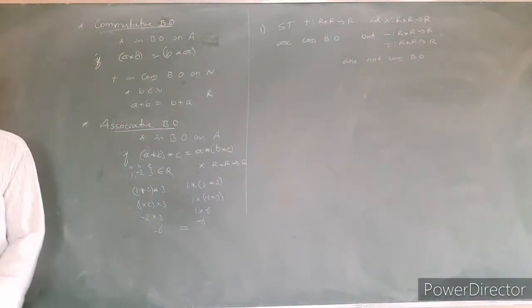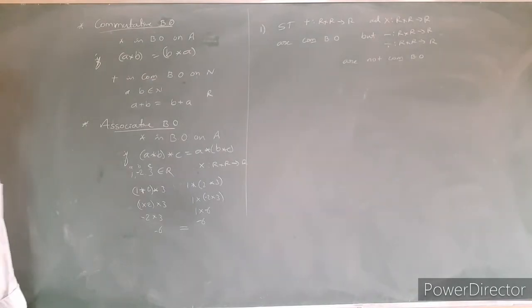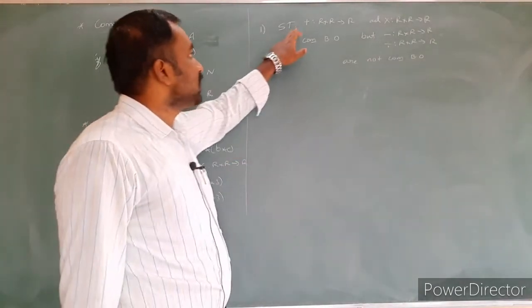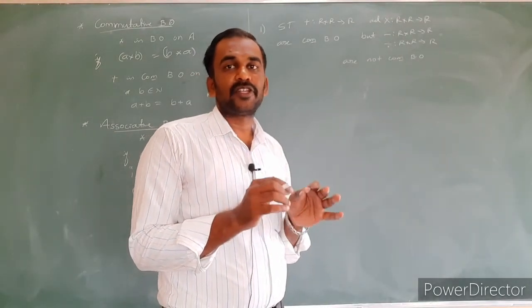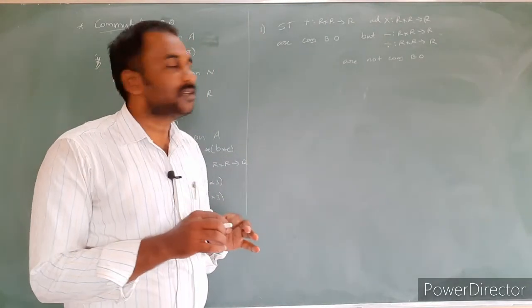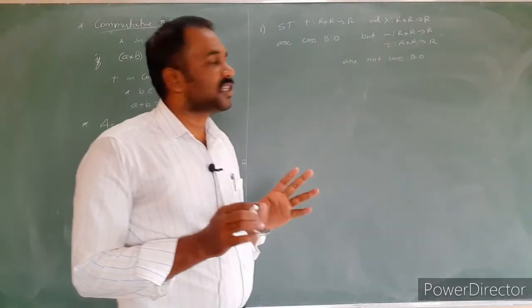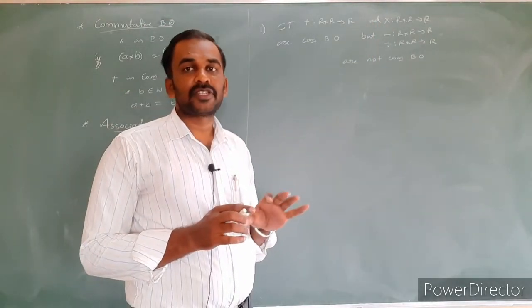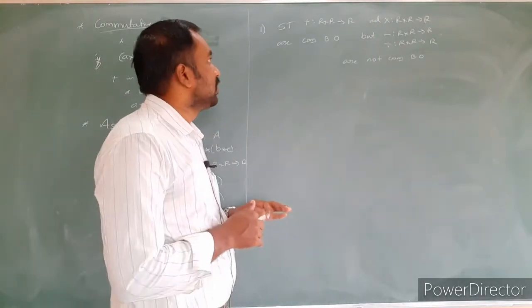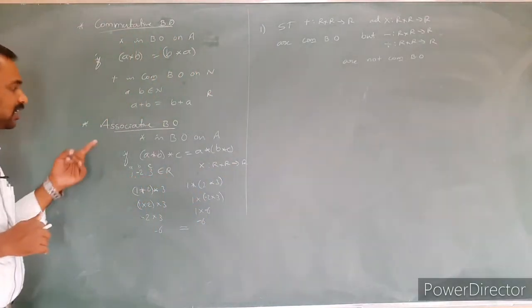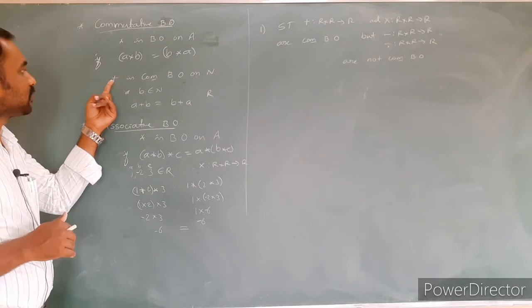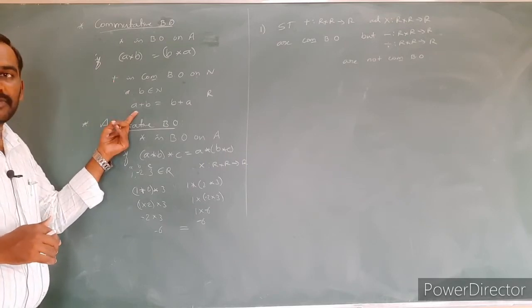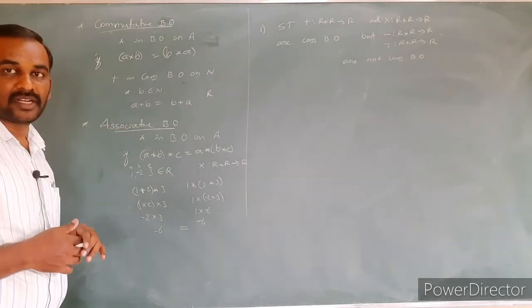Okay, here they have given a statement. What is that? Addition and multiplication are commutative binary operations on the set of real numbers. Subtraction and division are not commutative binary operations on the set of real numbers. Earlier we took a particular example: addition is a commutative binary operation on the set of natural numbers.